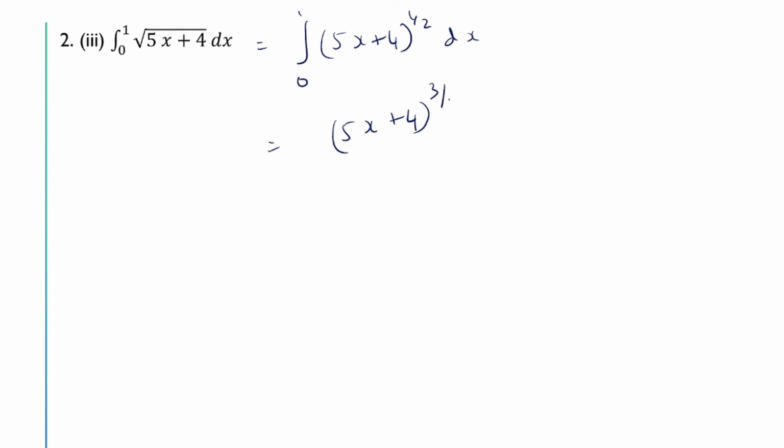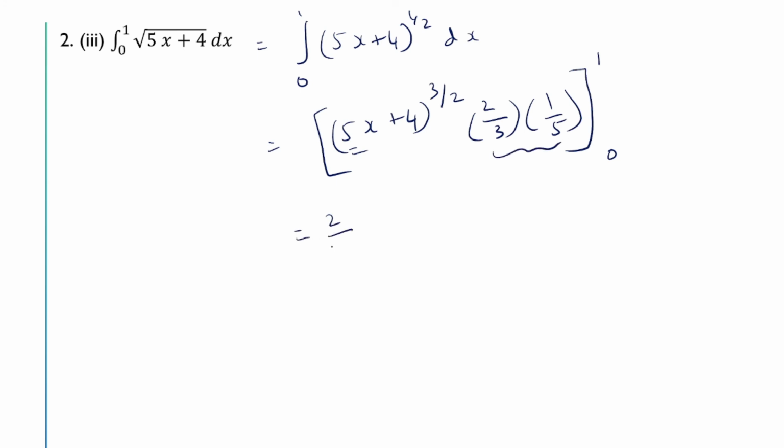So it is 5x plus 4 the whole raised to 3 by 2 into 2 by 3 into 1 by 5, since the coefficient of x is 5. This with the limits 0 and 1. So we can take this outside. So this is 2 by 15 into 5x plus 4 the whole raised to 3 by 2 with the limits 0 and 1.